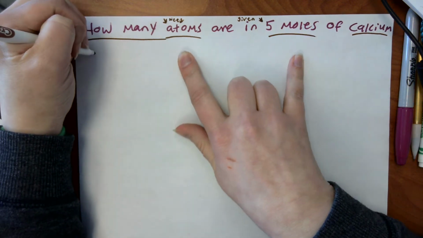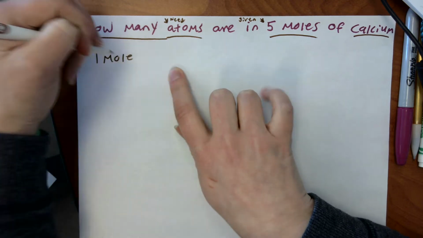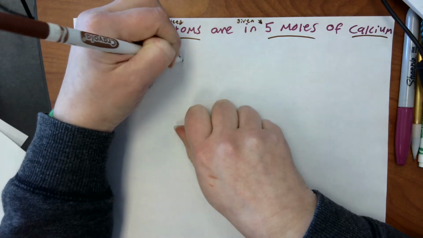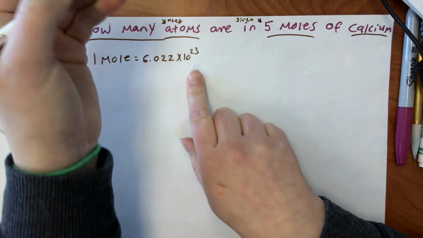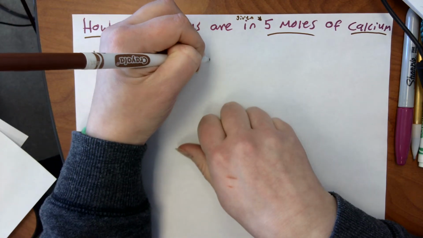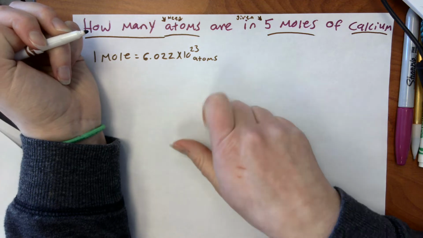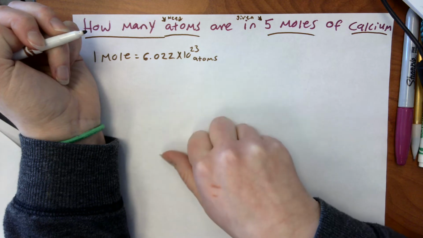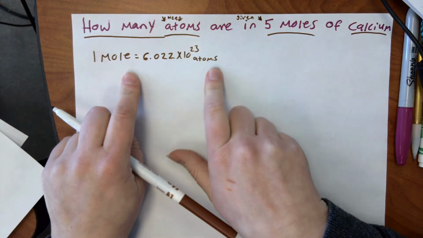Hopefully you should immediately say that 1 mole is equal to 6.022 times 10 to the 23rd particles. In this case it's atoms. Could be molecules if you are looking for molecules of something, but in this case, it's atoms. Okay, so we know that for a fact.